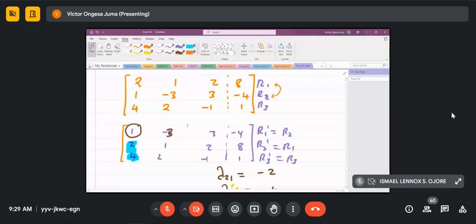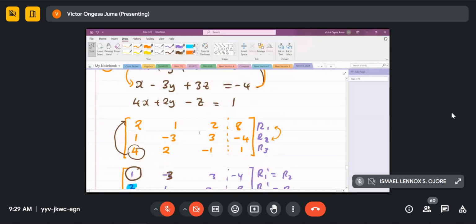If I was using partial pivoting, then this could be my pivot. You make the largest element of that row, the pivot row, the pivot element. That's the partial pivoting. If you are talking about full pivoting, then you scan through the whole matrix, not just this side, look at the largest element in magnitude, and then make it the pivot element. That's what we call full pivoting.